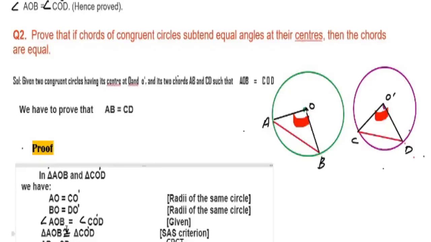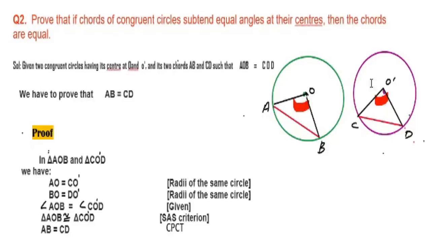Now angle AOB equal to angle CO dash D, it is given. Now using the SAS criteria, two sides AO equal to CO dash and BO equal to DO dash, and in between these two sides there are angle AOB and angle CO dash D. So we can use the SAS criteria.